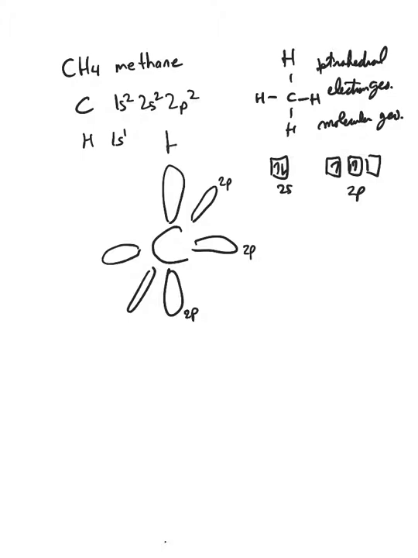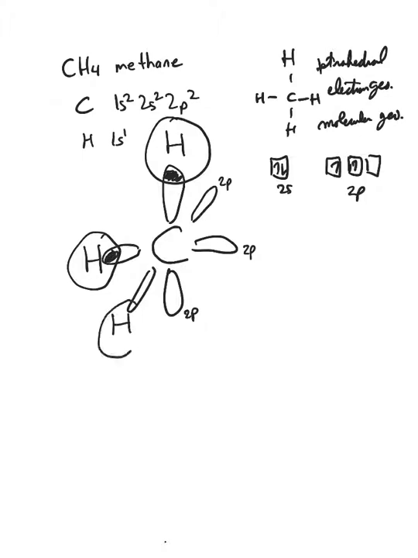So let's bring in our hydrogens. There's one hydrogen, and it can overlap, make a bond. There's another hydrogen that can overlap to make a bond. There's another hydrogen that can overlap to make a bond. And now we come to the uh-oh moment.